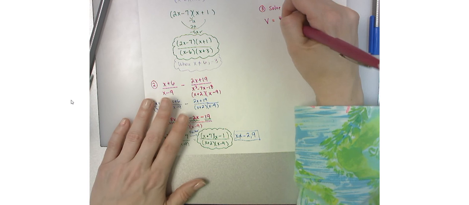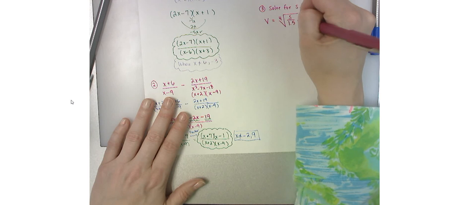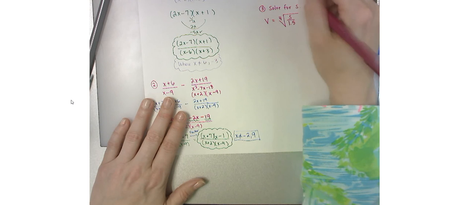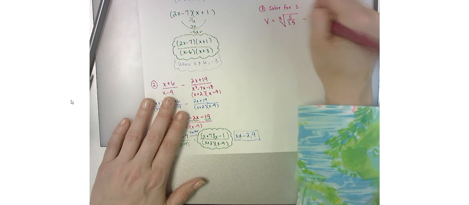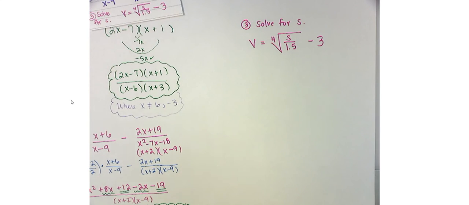Now, notice that this minus 3 is on the outside of the radical, not on the inside. Okay, if it was on the inside, we would do the fourth power to both sides first. Because this is on the outside, you have to isolate the radical first. Okay, so your first step should be to add 3 to both sides.